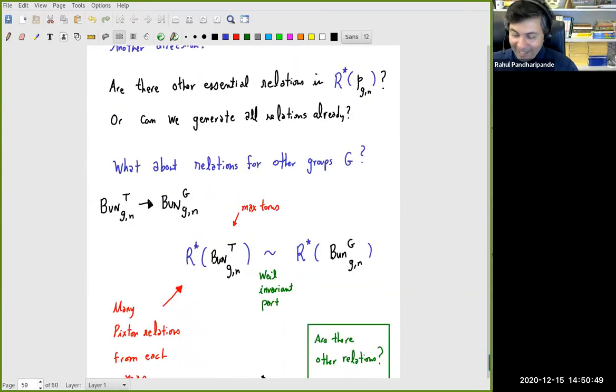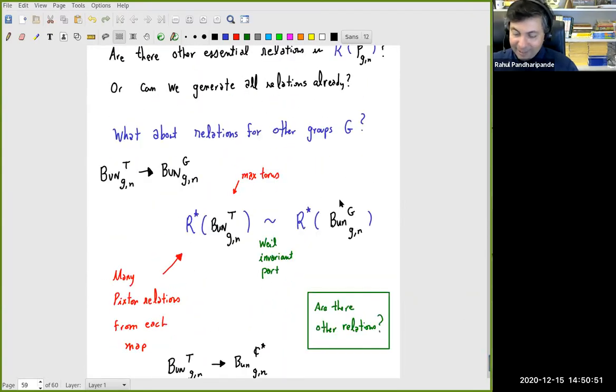There's some nice thing you might think here. If you take this stack of G-bundles, there's the maximal torus. Roughly speaking, this tautological ring should be the Weyl invariant part, properly understood, of the torus one. And the torus one has Pixton's relations for every single torus factor or torus tensor product. So the Pixton relations go into the maximal torus in many different ways.